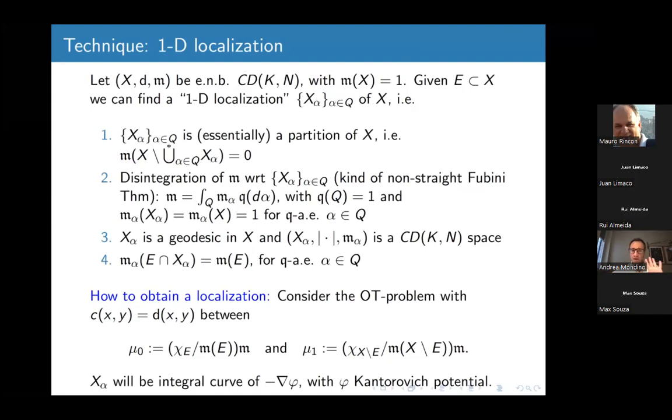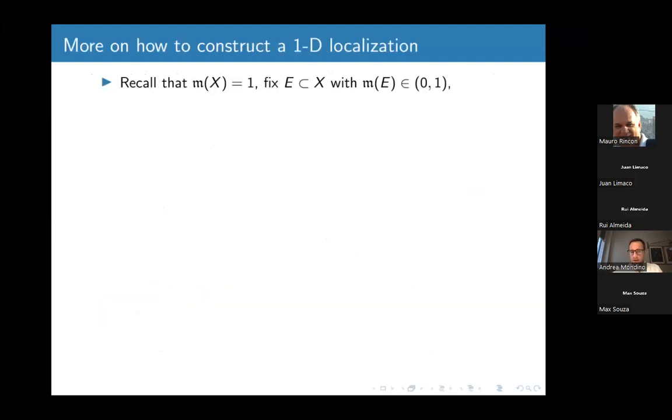Okay. Now the next one is the last slide. So now let me tell you just how to use such four properties to prove the Lévy-Gromov inequality. I don't have time to tell you how to quantify that, but believe me, you can quantify it. Now let's see how to prove the Lévy-Gromov inequality. So we have the total mass equal to 1. So this measure m corresponds to the renormalized volume measure.